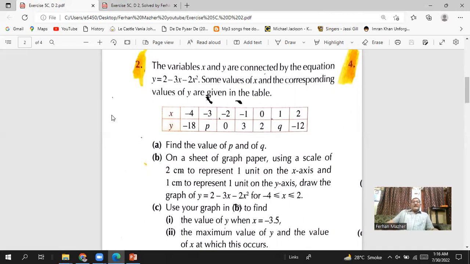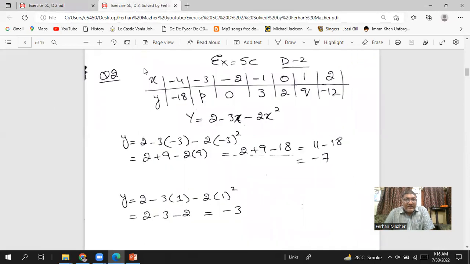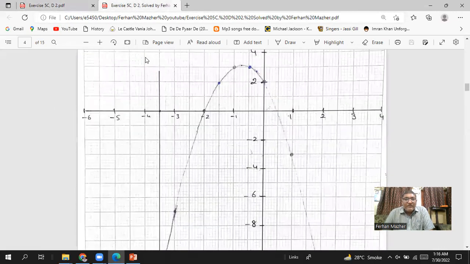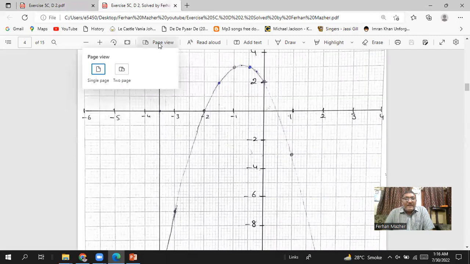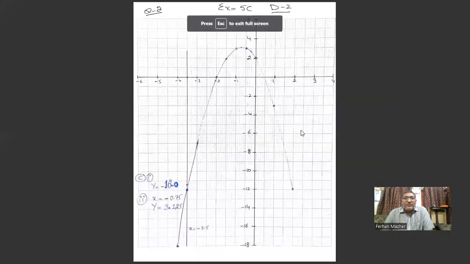On the x-axis, I have to represent 1 unit with 2 centimeters, and on the y-axis, 1 centimeter represents 1. So this is my table, and this is my scale. I will take a graph paper, and let me show you.